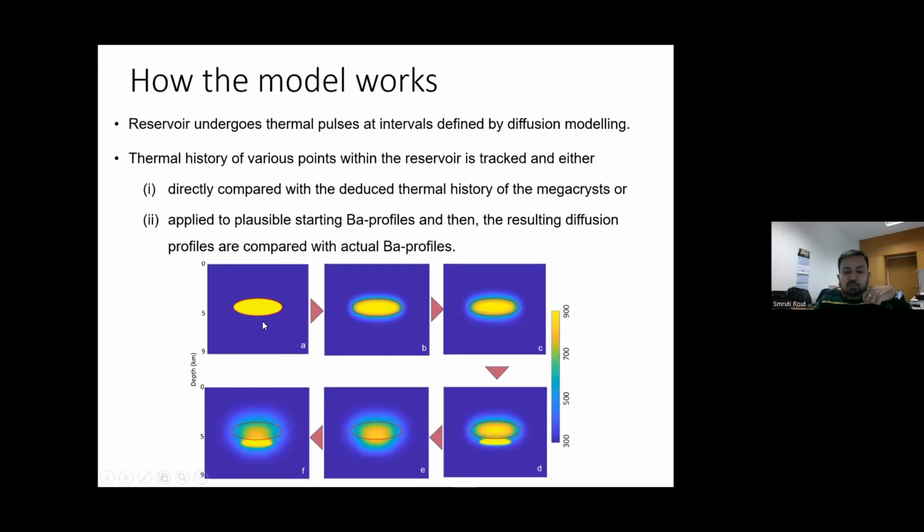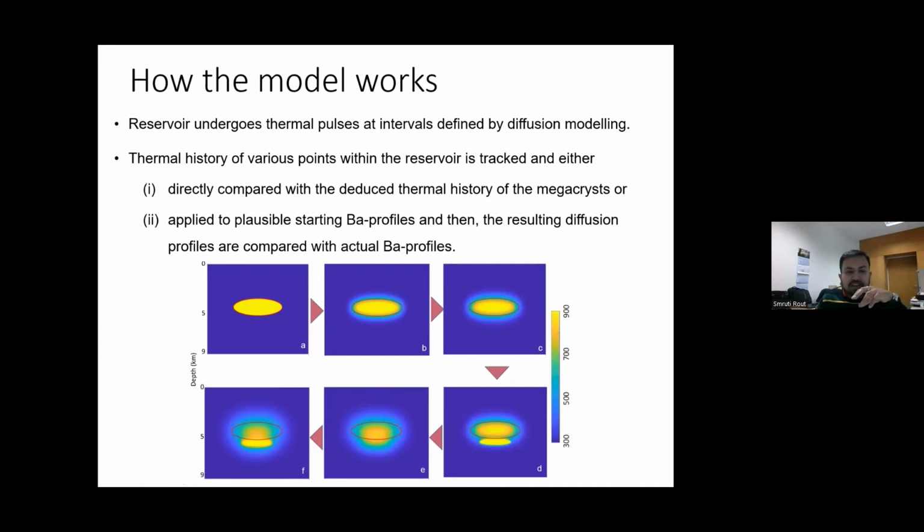So we start from a magma reservoir that starts to cool, and then at predefined intervals we introduce a thermal pulse, and then let it cool, interact, and then we apply the next pulse.